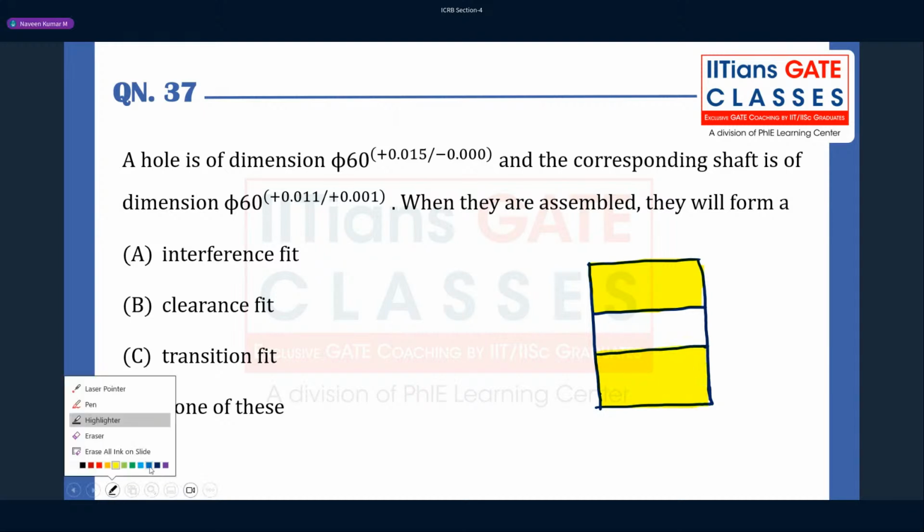Okay, so whatever I'm showing is the hole object, and the tolerance of the hole is here.